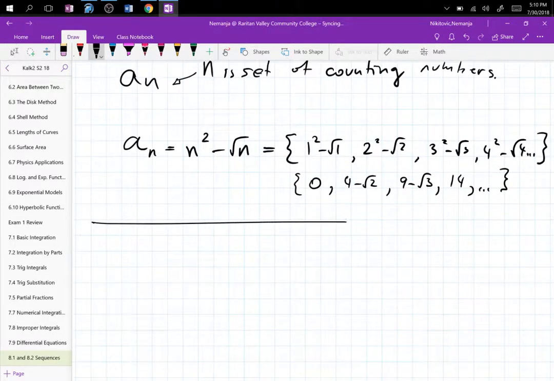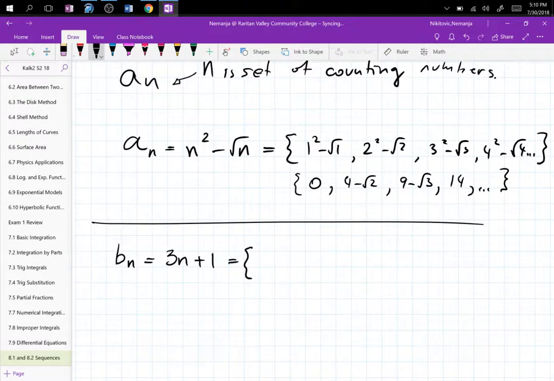Let's take a look at another example. Bn equals 3n plus 1. So, what is the sequence? Start with n equals 0.